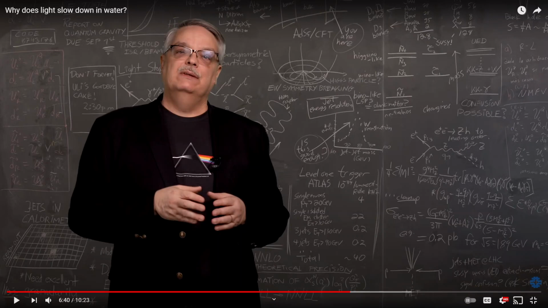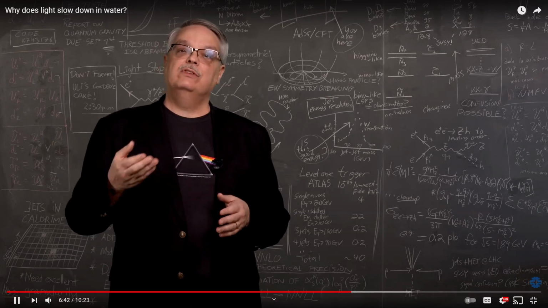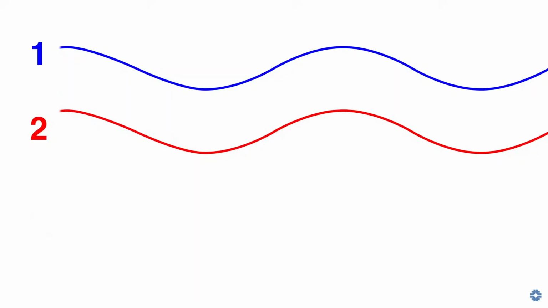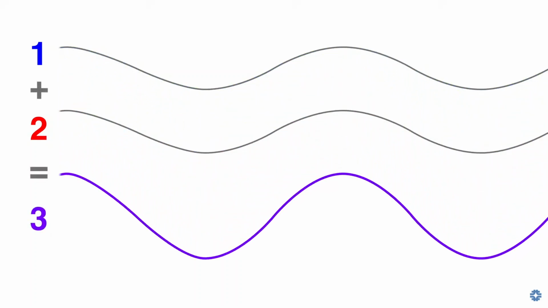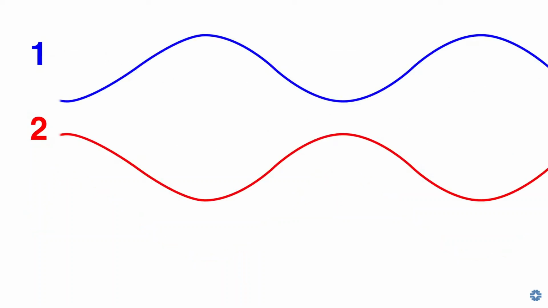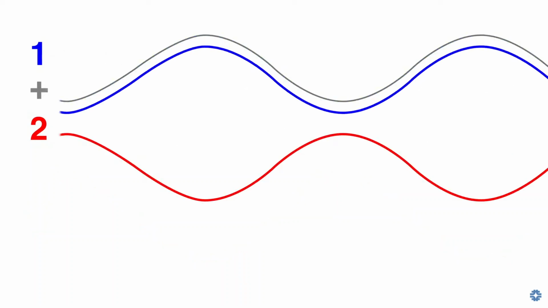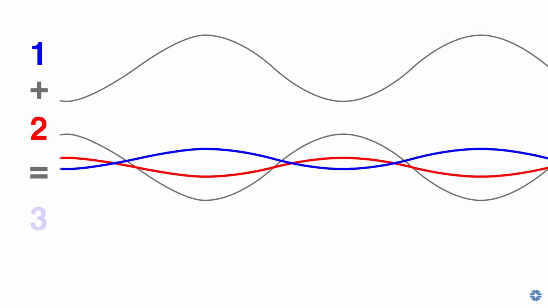Basically, superposition says that if two waves are at the same spot, you just add them together like normal. You just take the height of the two waves and add them together. If the two waves are lined up so the peaks are at the same place, the result is a single wave with a higher peak. If the waves are lined up so a peak corresponds to a trough, then the two waves cancel.